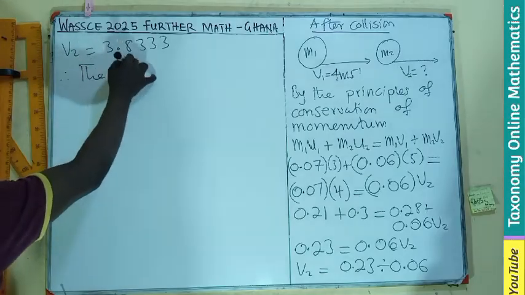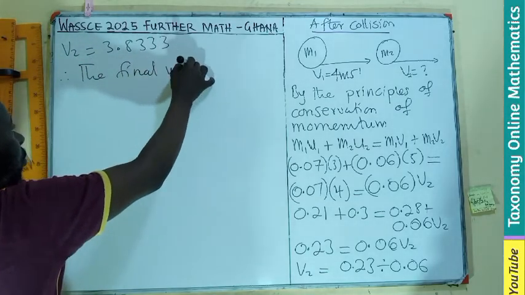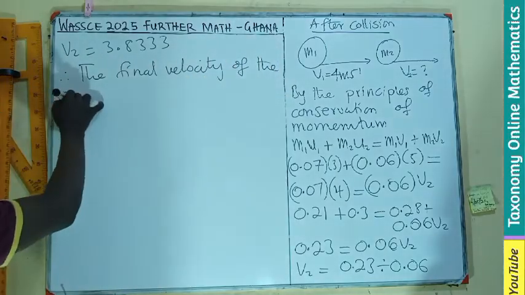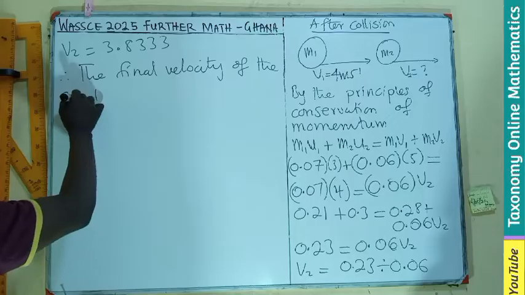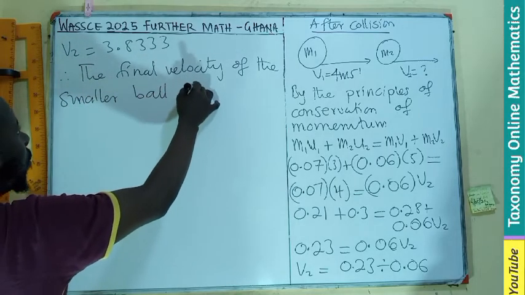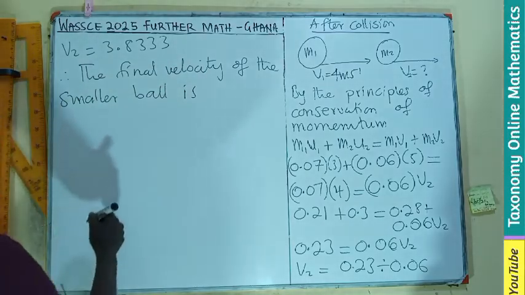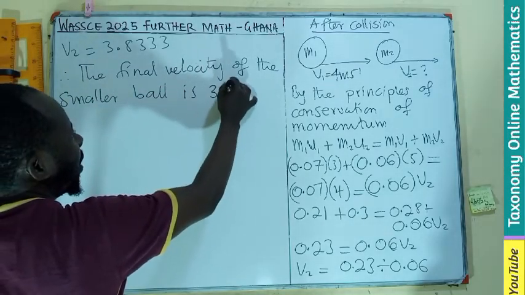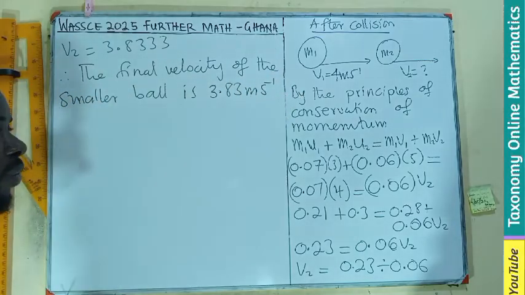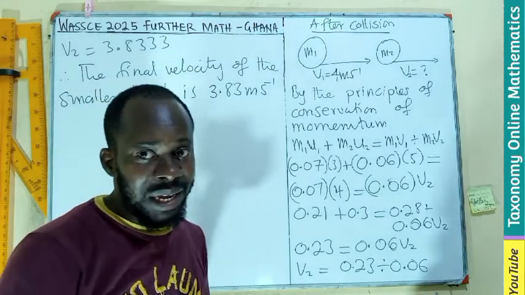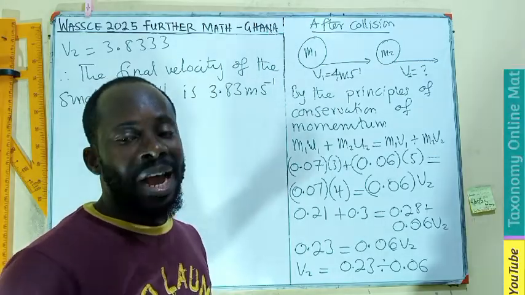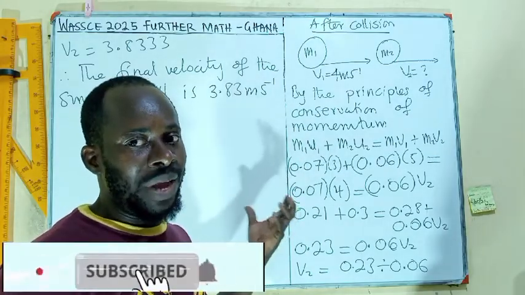Therefore, the final velocity of the smaller ball is going to be 3.83 meters per second, which is also approximately 4 meters per second, meaning they might be moving with common velocity after they collide together, if we are to take a whole number.